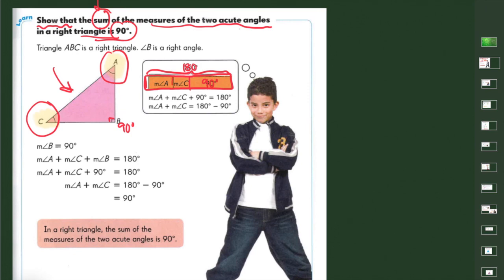So the other two acute angles have to have a combined sum of 90 degrees because 90 plus 90 is 180. So the sum of the two acute angles in a right triangle has to be 90 degrees.